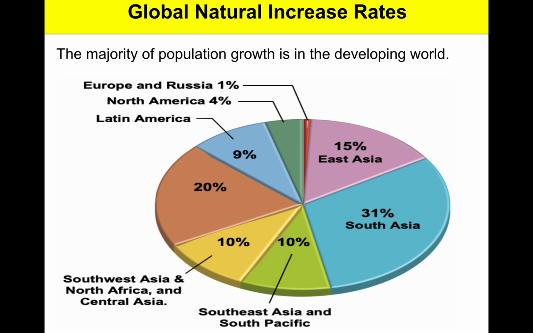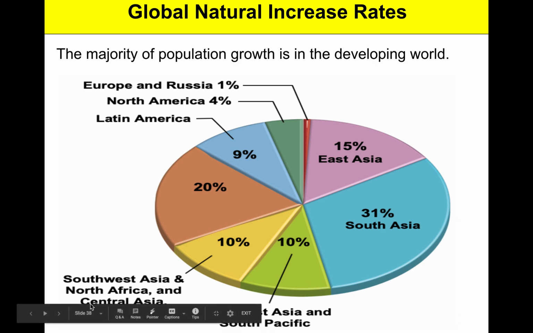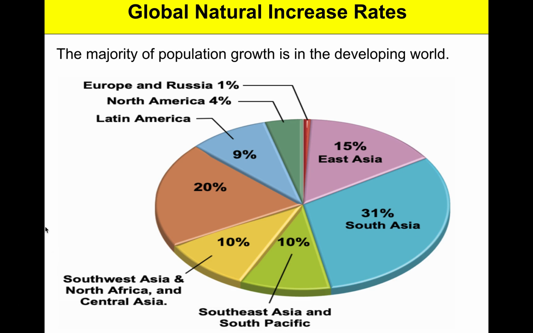And then East Asia, with the largest country being China, but also take into account Japan and Korea. And where's the fastest natural increase rate? It would be Sub-Saharan Africa. And Sub-Saharan Africa, I believe, is cut off here. Sub-Saharan Africa should be the 20%.